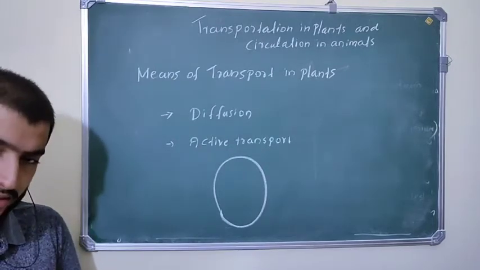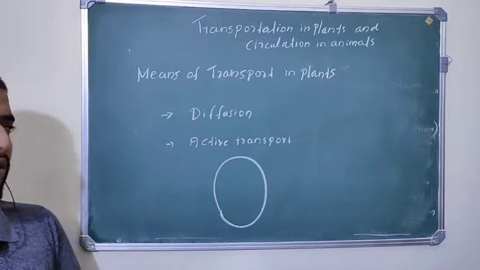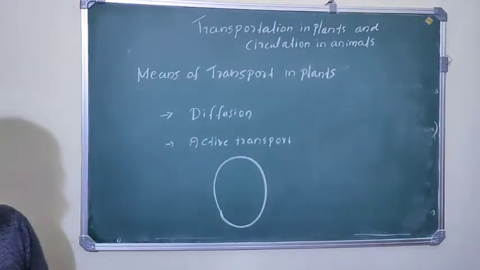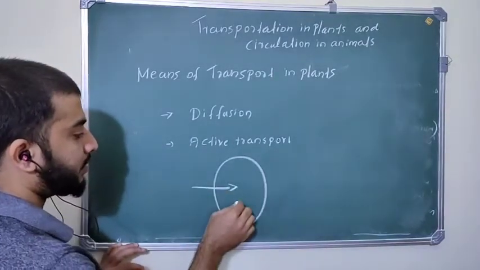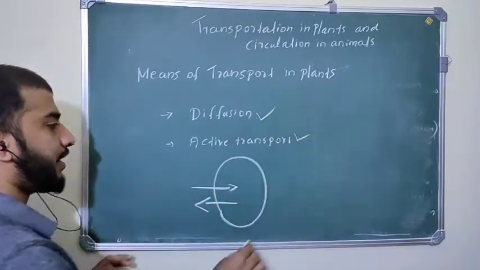In plants the materials are transported by diffusion and active transport. So the materials into the cell and out of the cell are transported by diffusion and active transport.